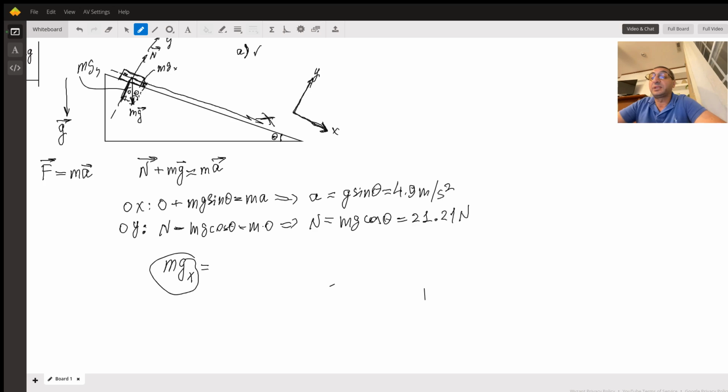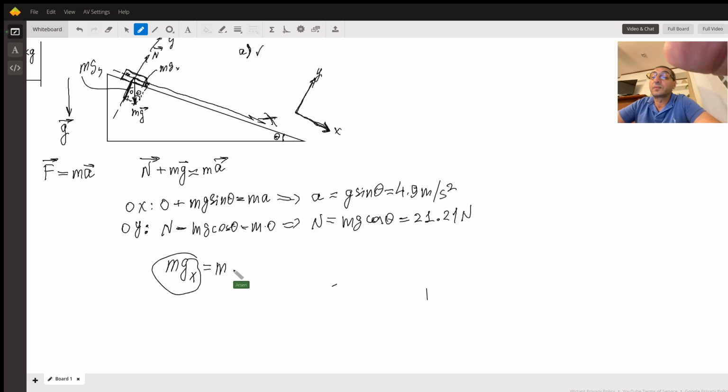It is mg sine theta. If you plug in numbers, you will get 12.25 Newtons. So this is the answer to question B. This is the answer to question C.